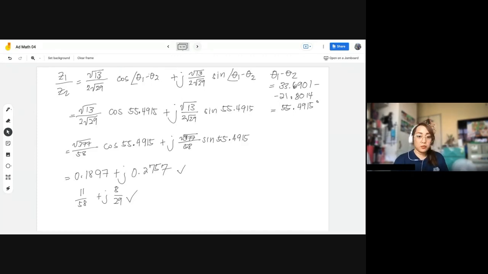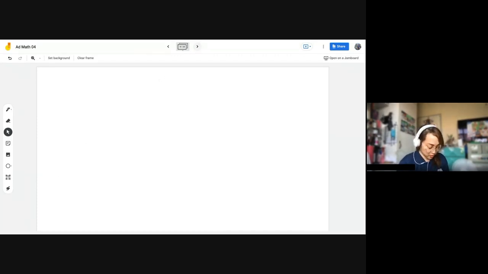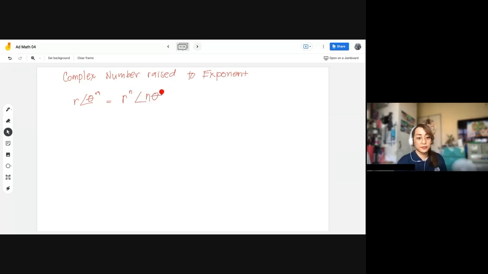Okay? Now, we also have complex numbers raised to an exponent. What will we do? So, let's say we have r angle theta to the n. It will simply be r to the n angle n theta.